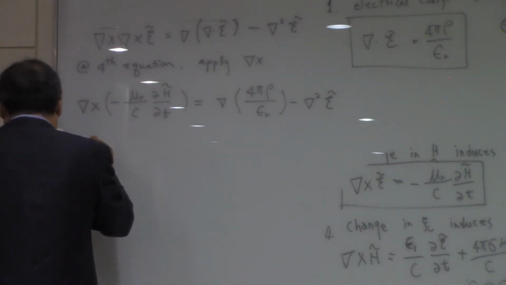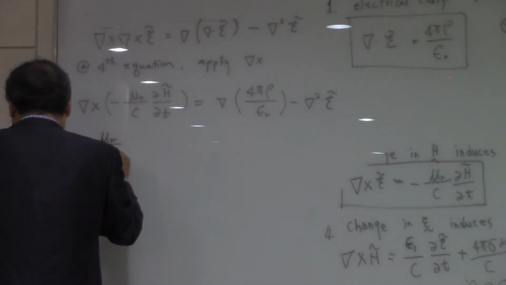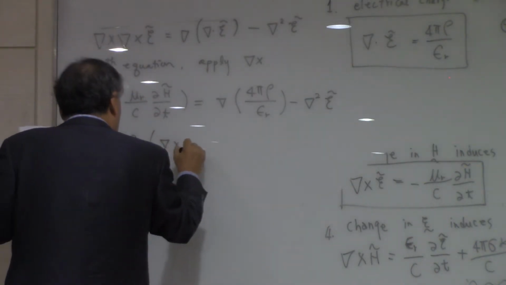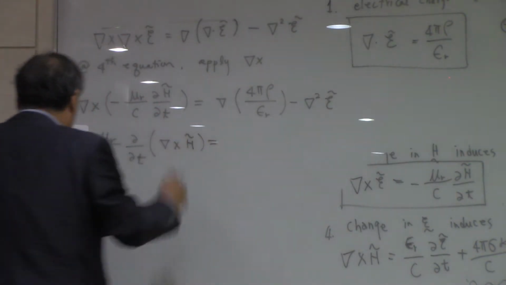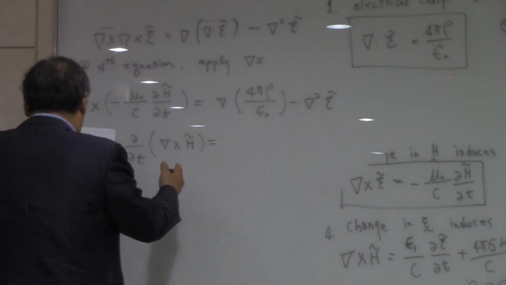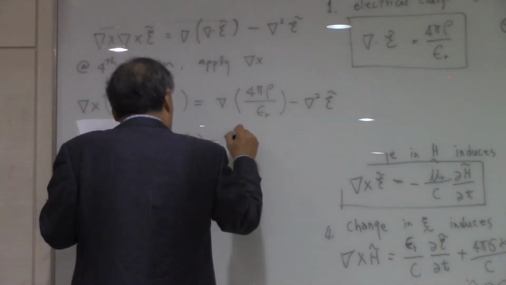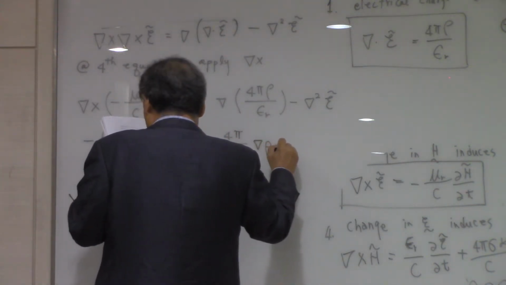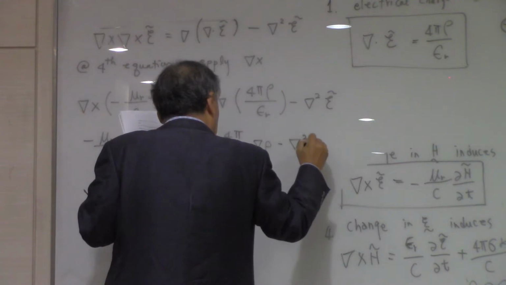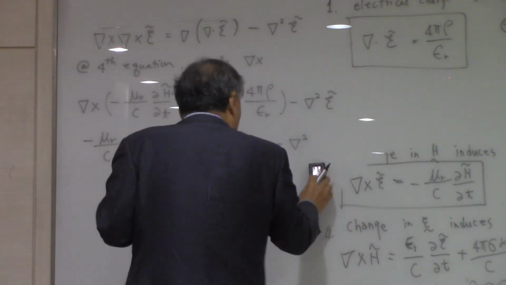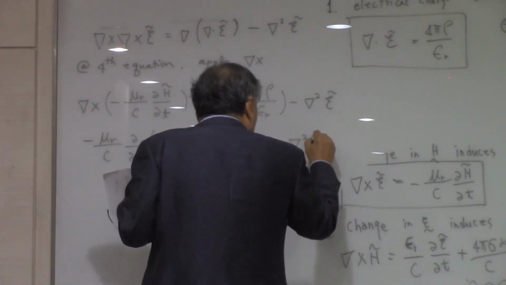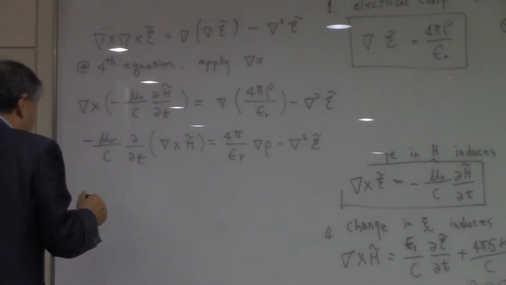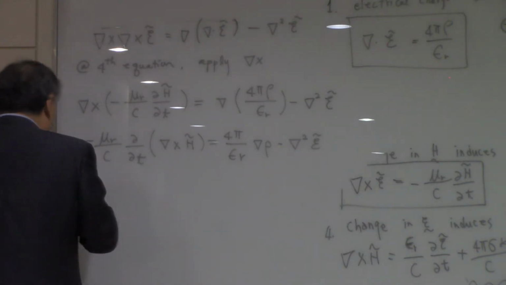And this is equal to the... you can manipulate these equations to this form, 4 pi over the electric constant rho minus electric field, and you put this on the fourth equation.